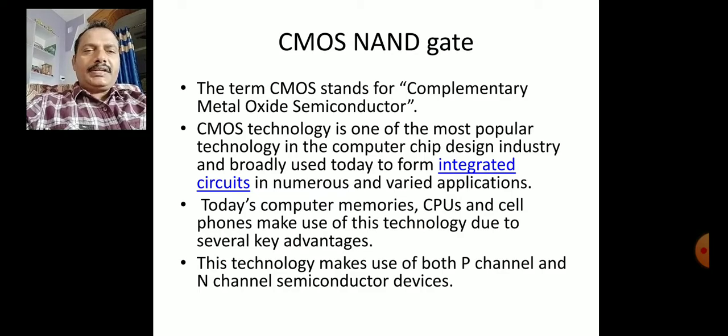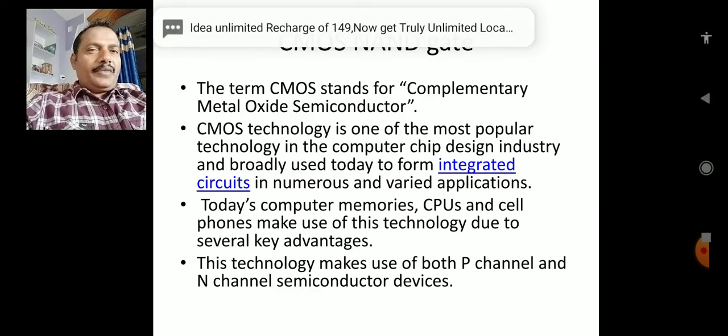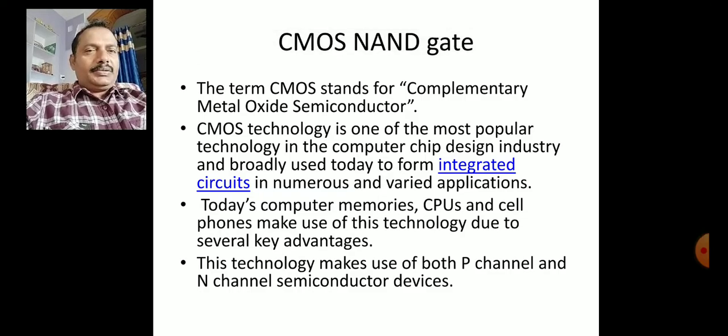In integrated circuit technology, a single piece of semiconductor material, either silicon or germanium, is taken, and many gates are integrated or built into that same single piece of semiconductor material.